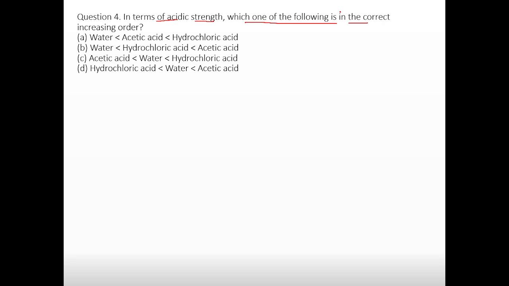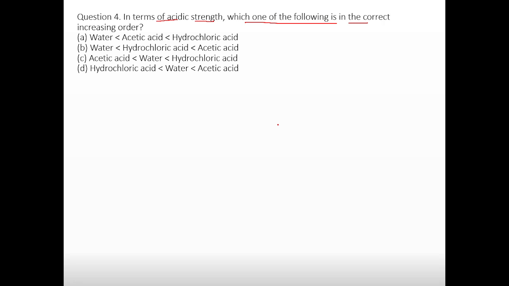Always remember that hydrochloric acid is a strong acid. So just check acetic acid and water. For that you need to check whether the acetic acid releases all the hydrogen or water releases.